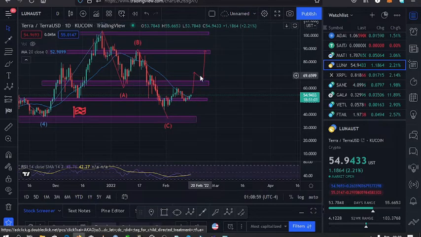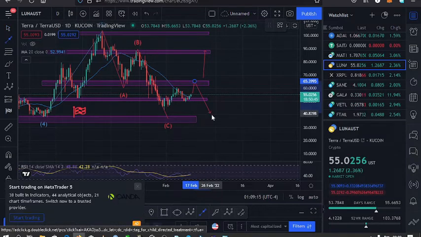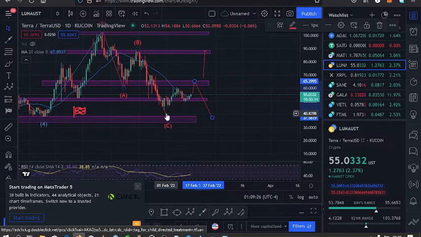I also expect that we can have higher prices and touch this resistance, and maybe we are unable to break above it. Then we can have a pullback to the lower side, and that pullback might take us back to the $38 mark, where we have a key support, and that would still be in this ABC correction that we have over here.